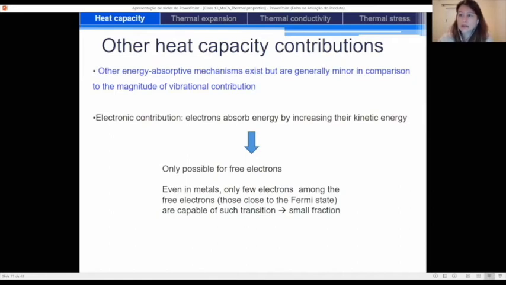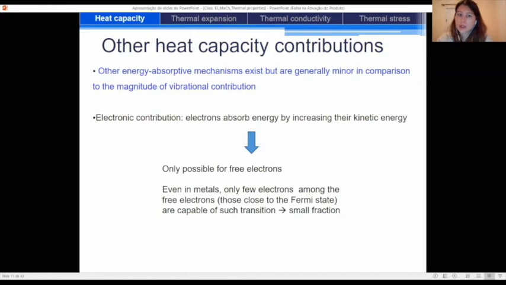Among the 3 classes of materials that we studied, only metals possess free electrons. And even in the case of metals, only a few electrons are capable of such transitions. Here it is written, it is those close to the Fermi state, and we are going to describe the Fermi state when we talk about electric properties.